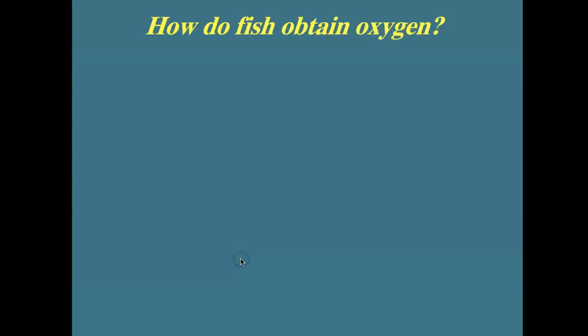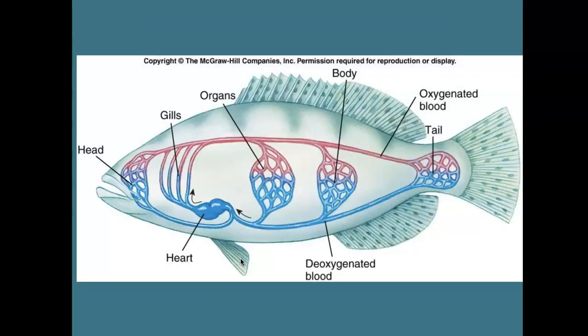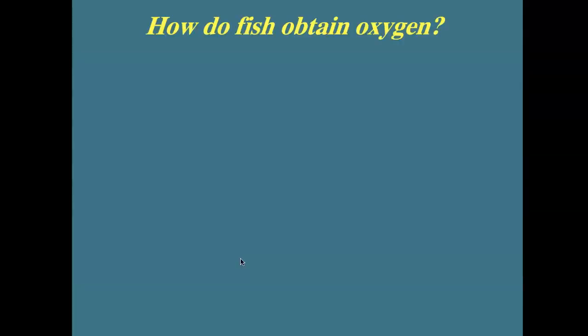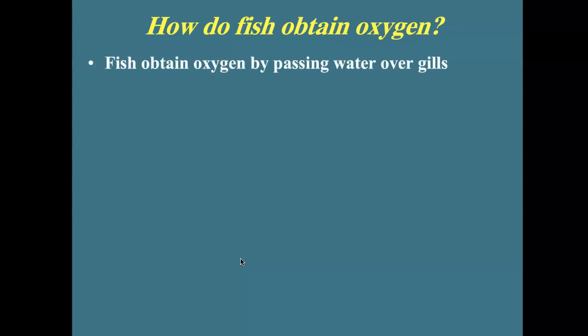And so again, fish can do that because they have a lower oxygen demand than we do. We could never get by with a 2-chambered heart because simply the blood would pump too slow to oxygenate our tissues fast enough, okay, for their needs. So that's why fish can get away with a 2-chambered heart.